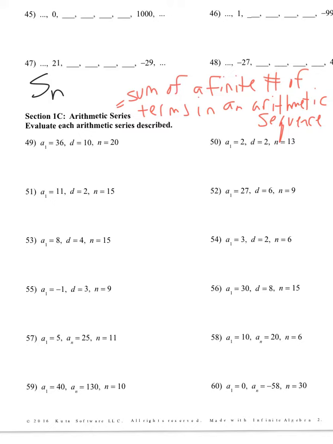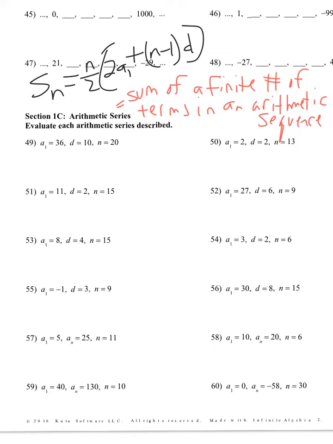The first formula that we're going to use is n over 2, and then inside parentheses is 2 times a1 plus n minus 1 in parentheses multiplied by d. And this is if you are given a1, n, and d. You can find the sum of that in an arithmetic series.